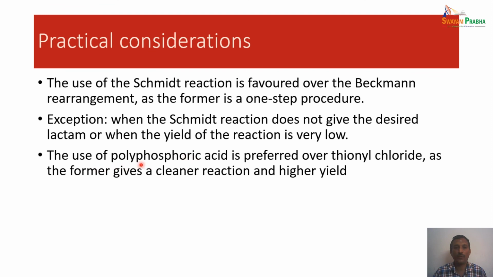And when we have to choose between polyphosphoric acid and thionyl chloride, people prefer polyphosphoric acid because the use of polyphosphoric acid always gives a much cleaner reaction product. So these are some of the practical considerations we have to look into, and we cannot simply always go by what is the maximum yield or which is the isomer that is formed. Depending on our requirement, we have to choose the reaction condition for that particular reaction.